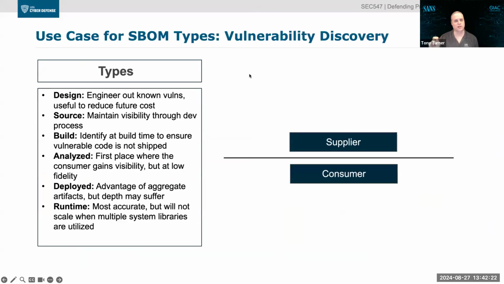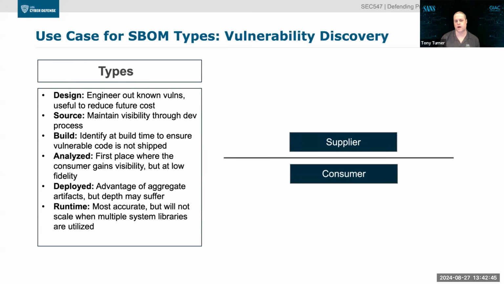All right, so let's talk a little bit about software bill of materials types as it relates to vulnerability discovery. This list comes from the CISA SBOM working groups that got into some conversations around what kinds of SBOMs we have out there. We have design SBOM.